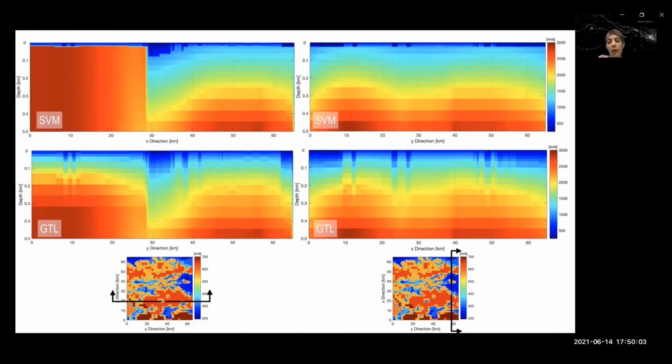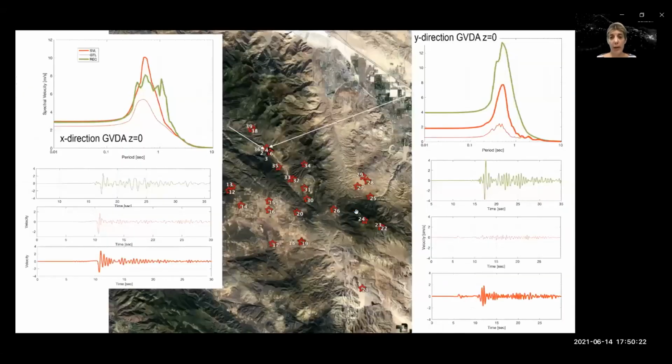And this data set has not yet been fully homogenized. As a consequence, as soon as we have a discontinuity here, SVM just blends this with the surrounding. In the case of the GTL, the discontinuity is stretched down to 350 meters to conform to the geotechnical constraints.